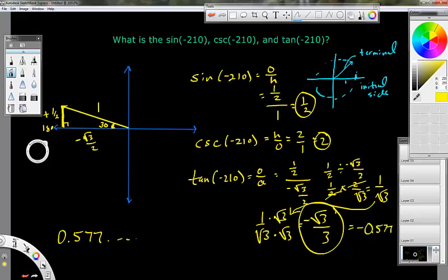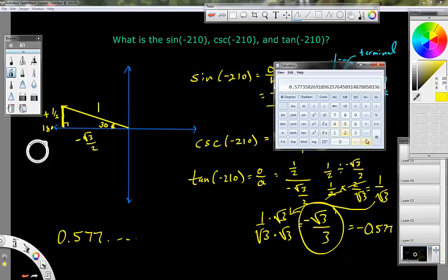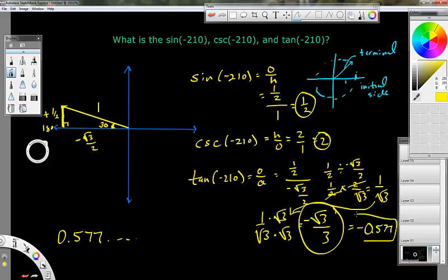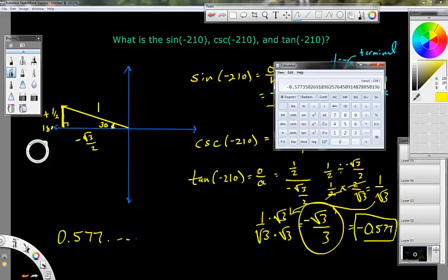I can just type in negative 210, and hit the tangent, and it will give me the same decimal value. So you can see there on both that it's the same thing. And the same thing for cosecant.